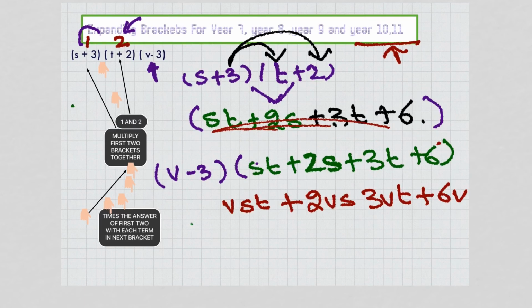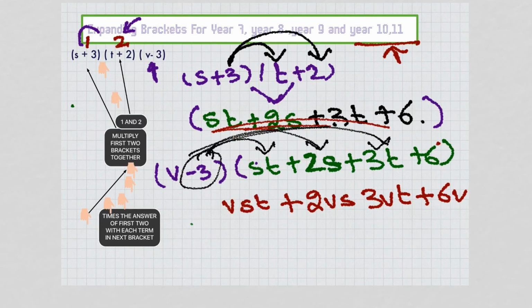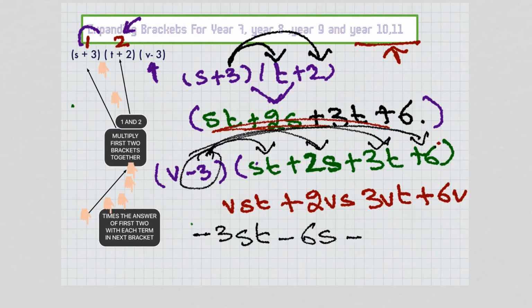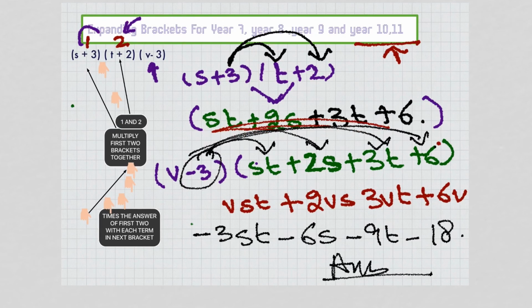Now I'm going to multiply minus 3 with all of them. The same rules, please. The answer would be minus 3st minus 6s minus 9t minus 18. If there are any like terms when we do it, we combine them, otherwise that would be our answer. So that's how we solve it.